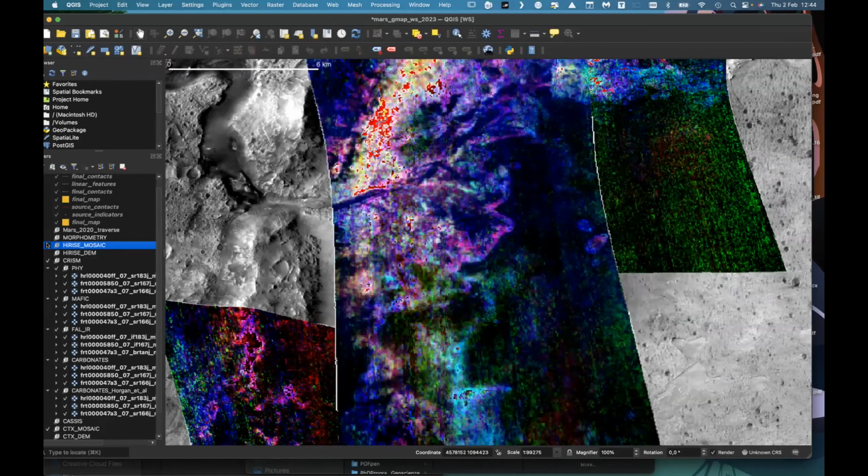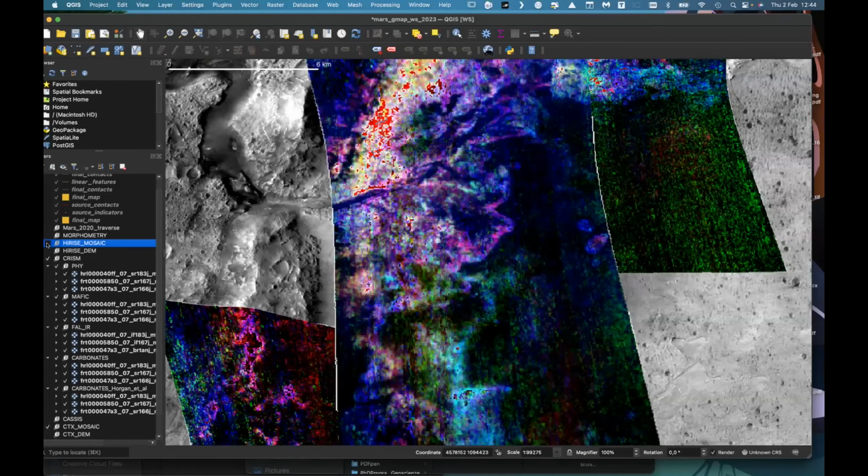You see that you have some stripes, some pixels that are alone, and so they do not indicate a specific mineralogy. They're just noise. So before you map anything based on spectral data, make sure that it actually correlates to some morphology.